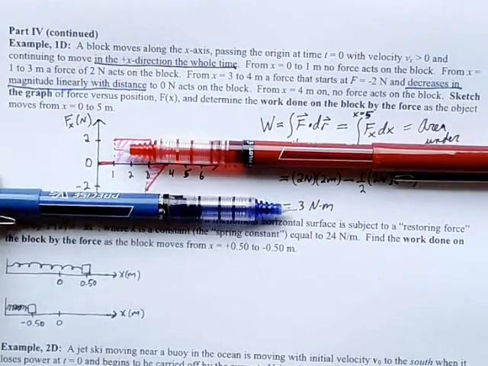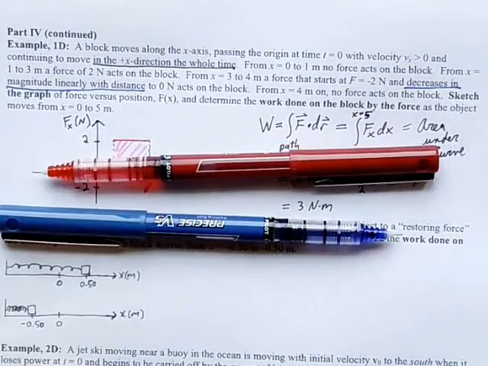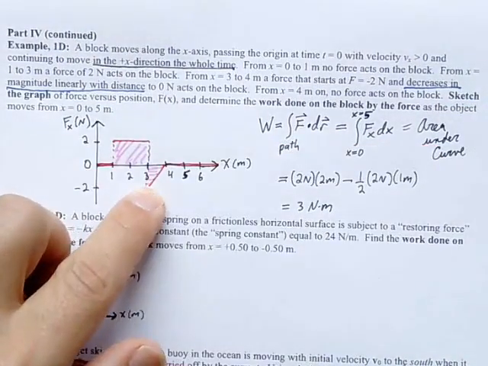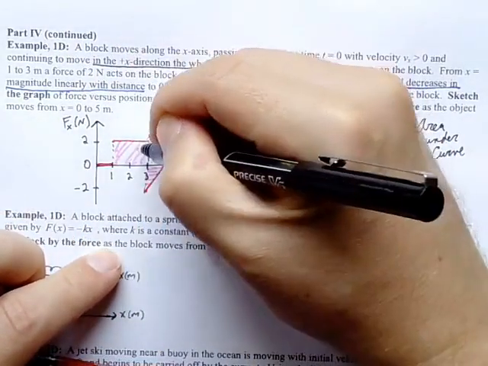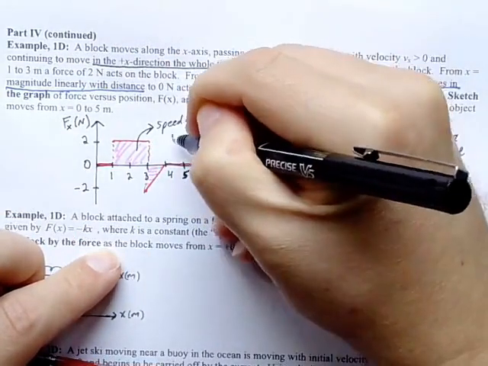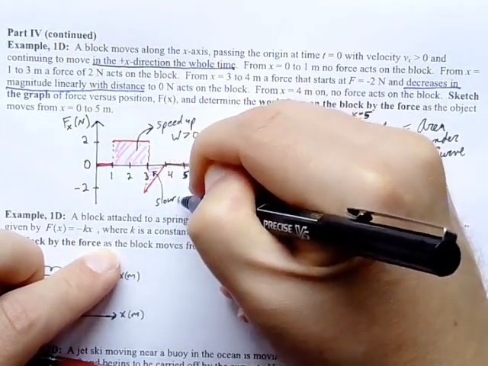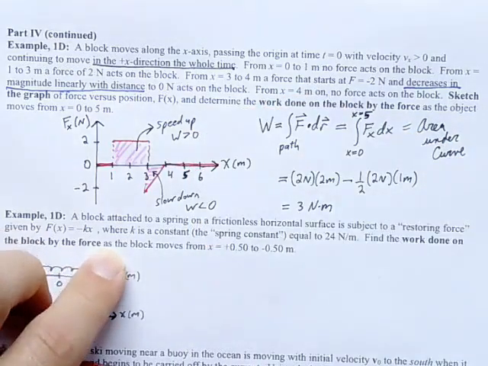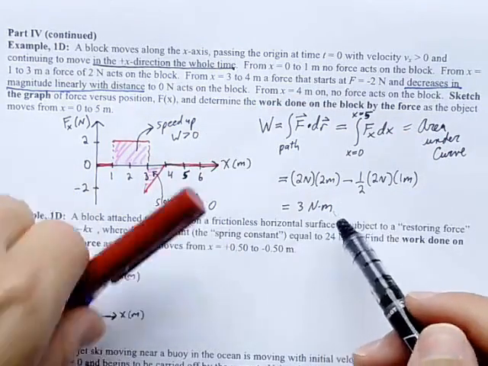We're still moving to the right, but the force is pushing back to the left. So we're doing negative work, slowing the object down during this part. So this area represents a tendency to speed up since our work is positive, and this area represents a tendency to slow the object down, the work being negative. And here's our net result over here. Overall, we had a net positive work.